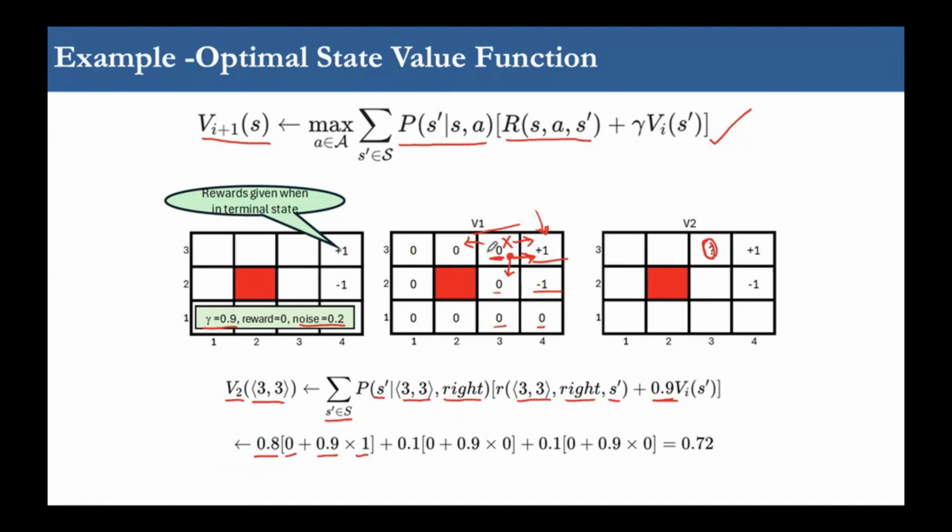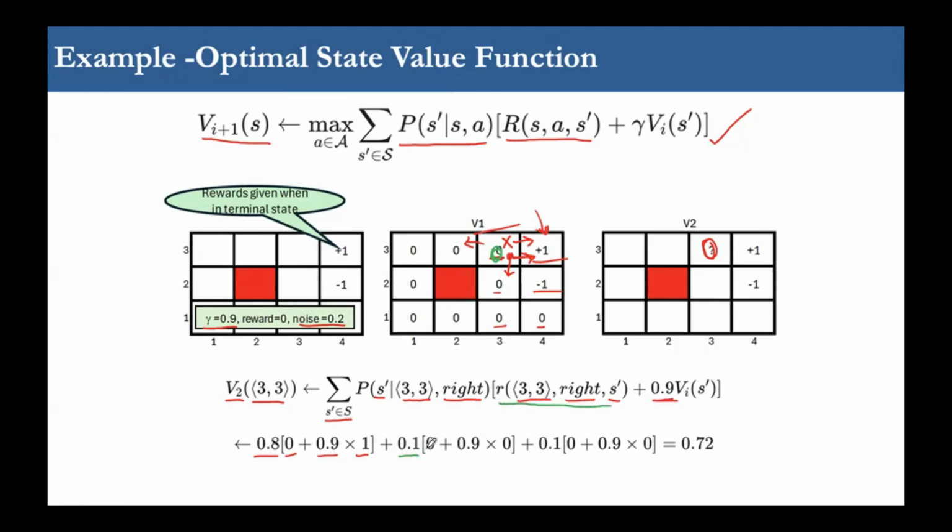Next we do a left move. So the agent is in this position 3,3 and then it does a left move. What is the noise pointing to? Here there are two noises, one to the downward side as well as to the left side. So the noise is divided by 2, so you'll get 0.1 into the reward value.